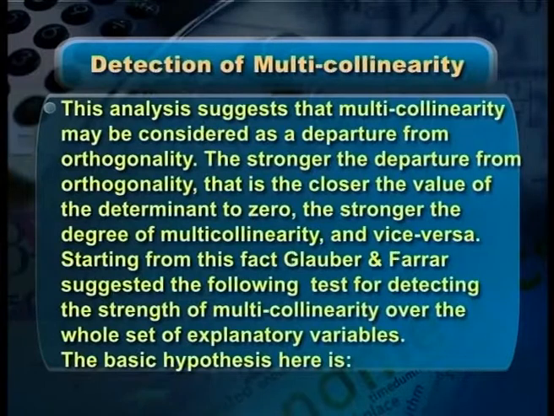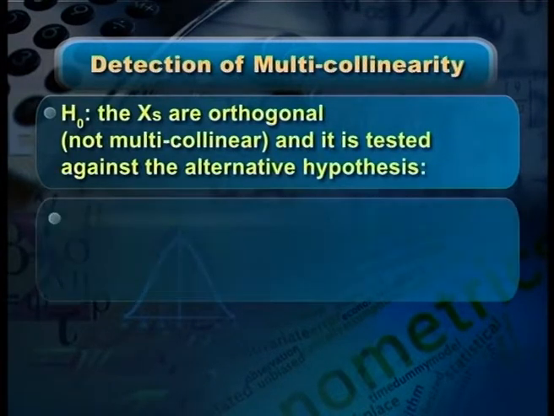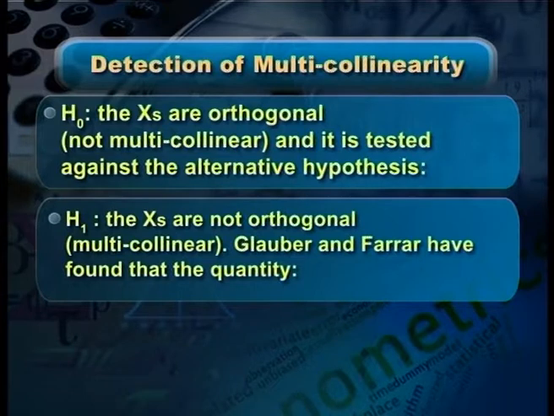The stronger the departure from orthogonality, that is, the closer the value of the determinant to 0, the stronger the degree of multicollinearity and vice versa. Starting from this fact, Farrar-Glauber suggested the test for detecting the strength of multicollinearity over the whole set of explanatory variables. The basic hypothesis here is H0, the explanatory variables are orthogonal, not multicollinear. H1, the explanatory variables are not orthogonal, multicollinear.